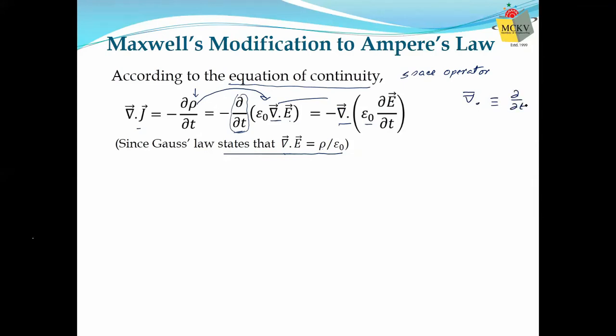Just interchange the position, because we know that if one is a space operator and one is a time operator, then after interchanging their positions, the final result will not be affected. We are very sure about it, and that's why we can easily interchange their positions.